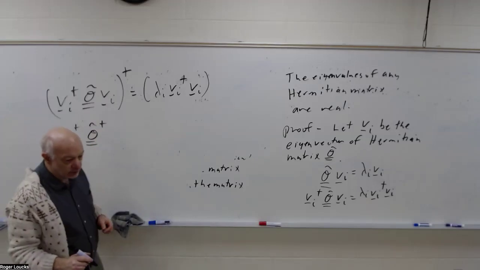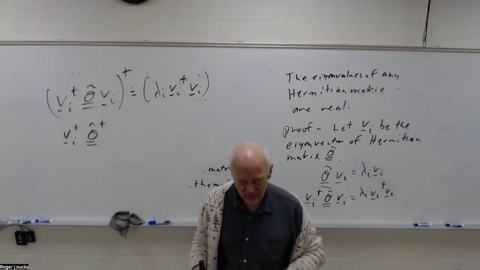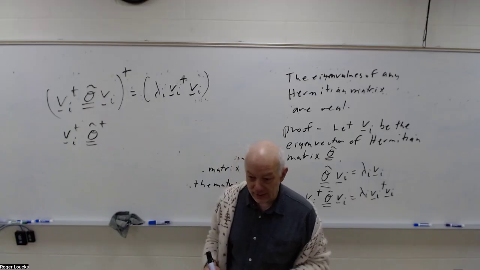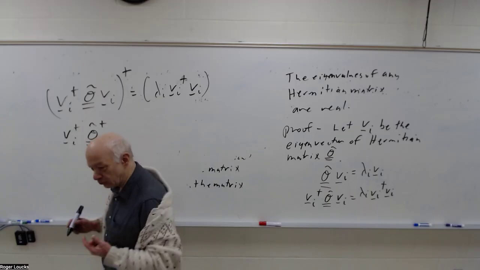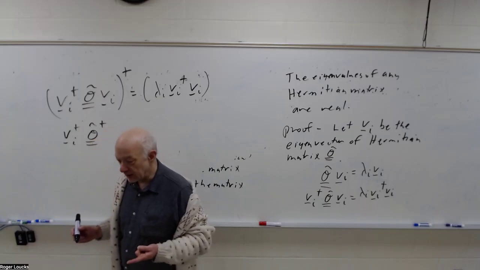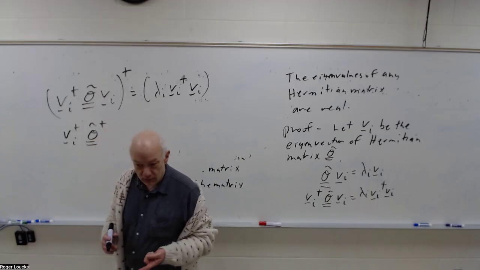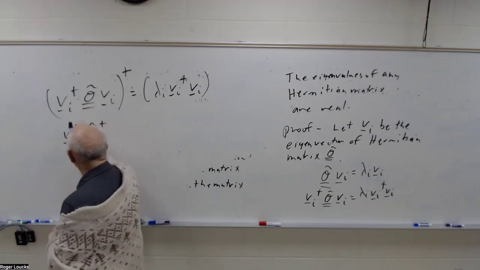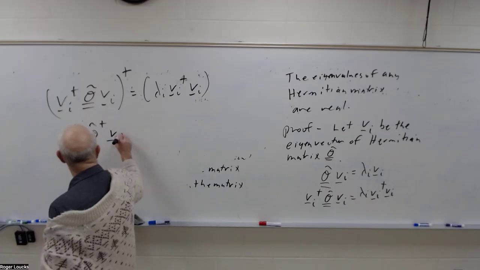What happens if I dagger a dagger? The dagger goes away, because a complex conjugate followed by a complex conjugate undoes that part, and a transpose followed by a transpose undoes that. So this comes over here.